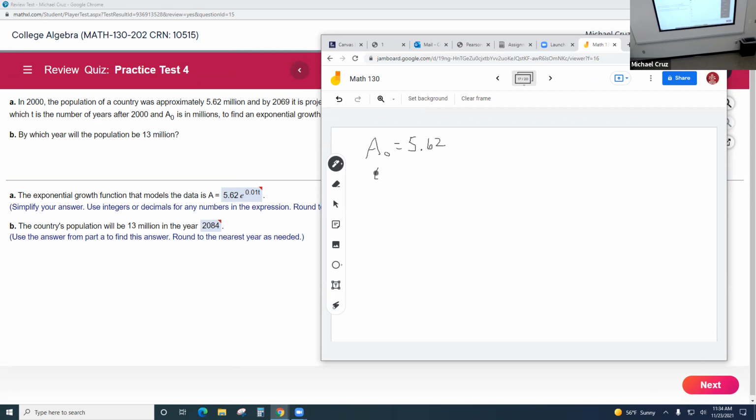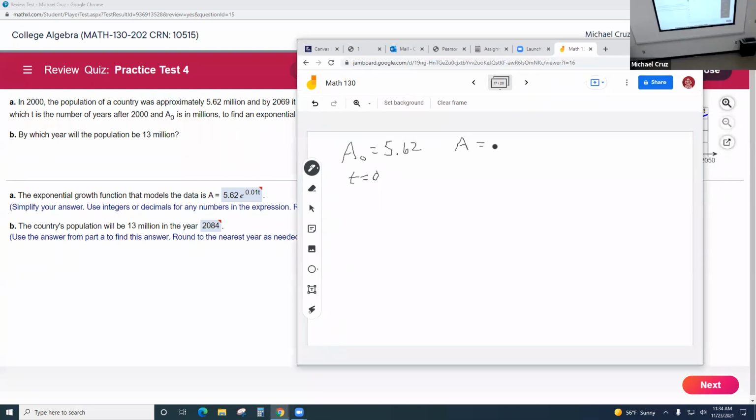And this is when t is equal to 0, okay? Does that make sense? And then we got an A is equal to 12 million. And that's when t is equal to 69.